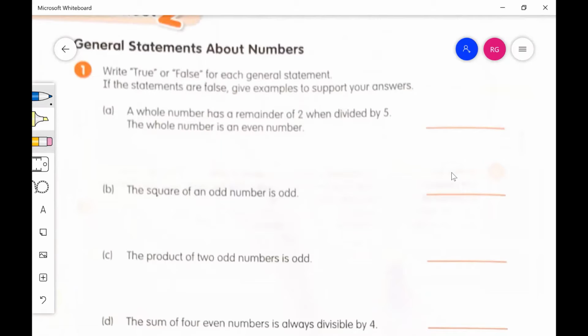A whole number has a remainder of 2 when divided by 5. The whole number is an even number, it says. Okay, so first of all, we need to think of what number divided by 5 equals blank remainder 2.